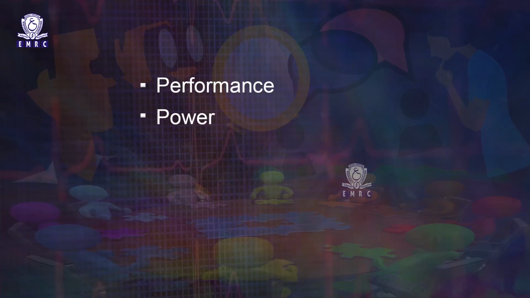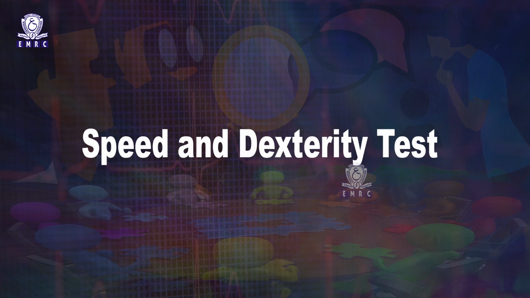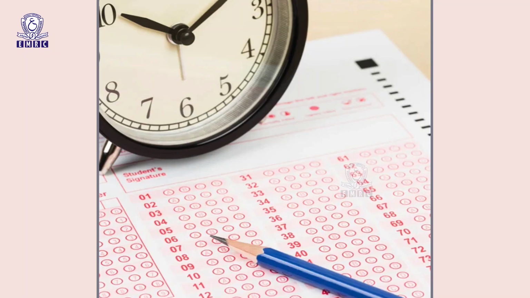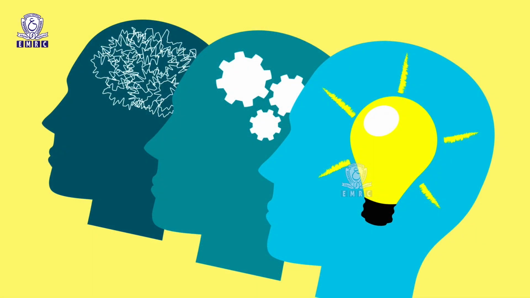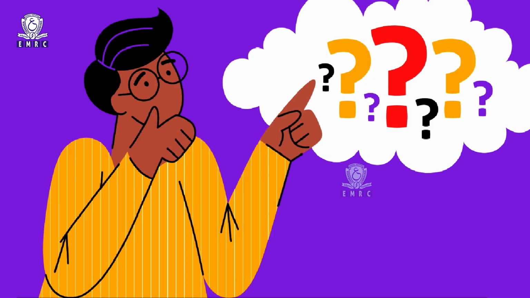Let us now discuss in depth the following tests: performance, power, speed and dexterity test. Speed and dexterity test. Speed tests are designed to assess how quickly a test taker is able to complete the items within a set time period. The primary objective of speed tests is to measure the person's ability to process information quickly and accurately while under duress.